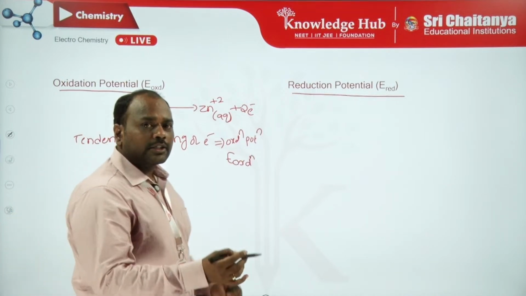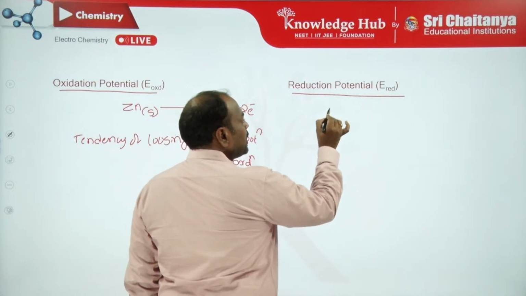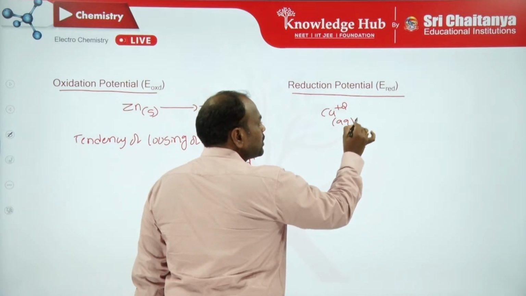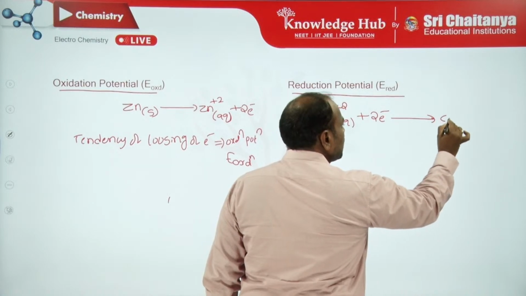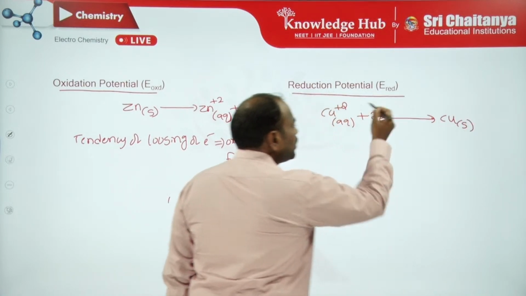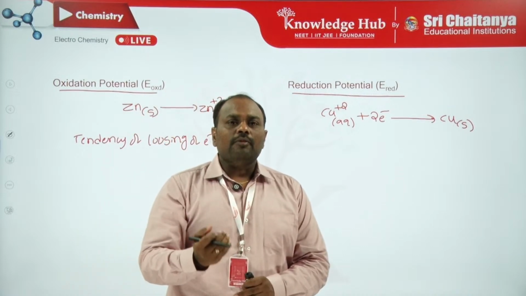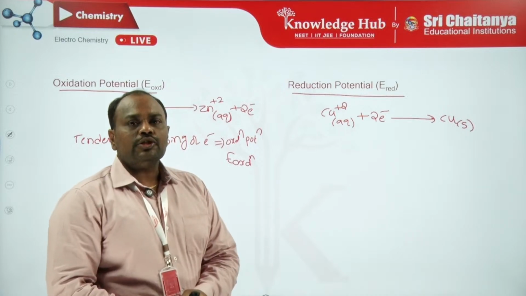Now what is the reduction potential? If you take copper on the right side, Cu plus 2 aqueous gains 2 electrons and is converted to copper solid. Copper tries to gain electrons. The capacity of the electrode to gain electrons is known as the reduction potential.